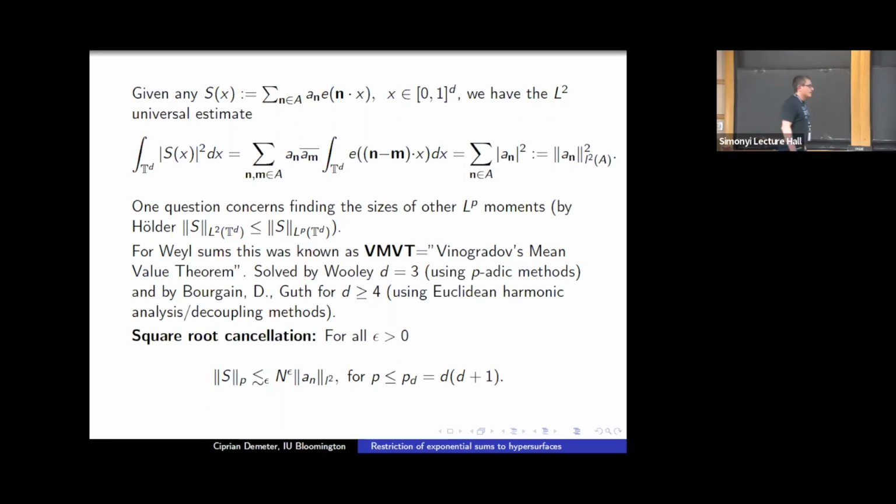In other words, apart from the potential of losing some logarithms, the L^p norm doesn't increase with p in this range. And then something more dramatic happens for p larger than this critical exponent. You pick up a positive power of n, but I won't talk about that.